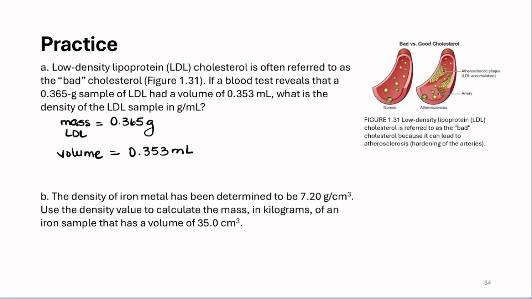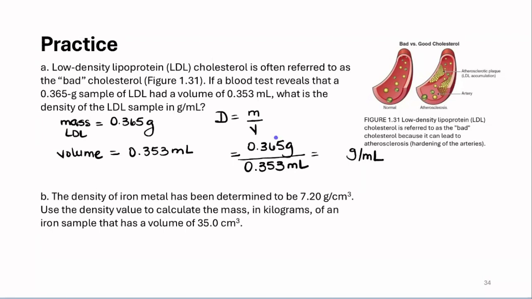The question asks for density, and since density is mass over volume, what we're going to do is take 0.365 grams and divide it by 0.353 milliliters, and that's going to give us units of grams per milliliters.